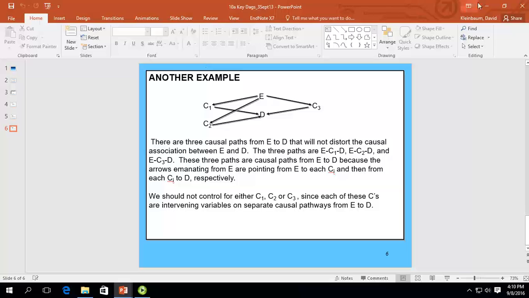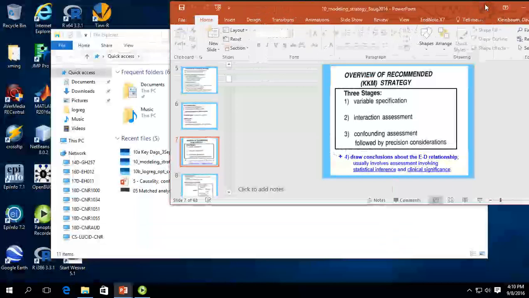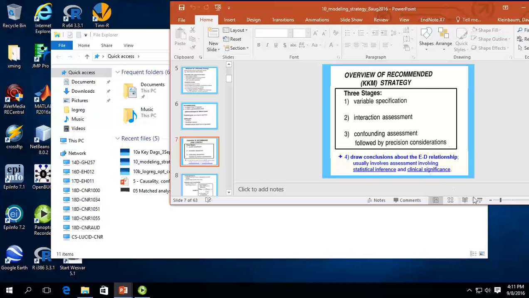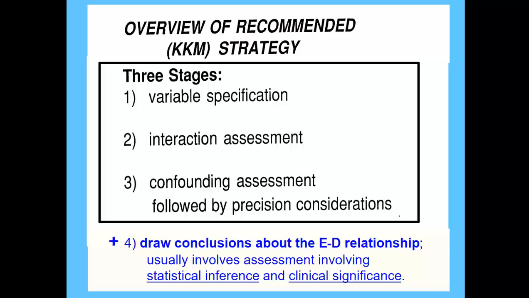So now I want to go back to where we were, so let me see if I can find it. There we go. Okay, so there are these three stages. And I talked about the order: you want to do variable specification first. You want to consider the DAGs in there in deciding. Interaction assessment comes second, because if you find interaction, then you want to make sure you control for the variables that affect modifiers.